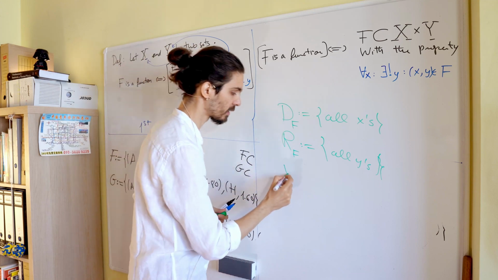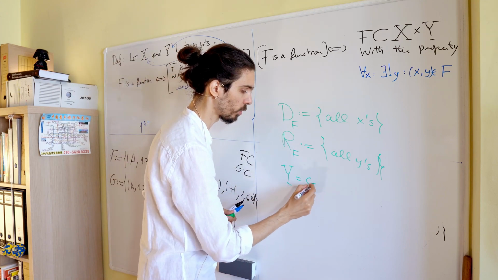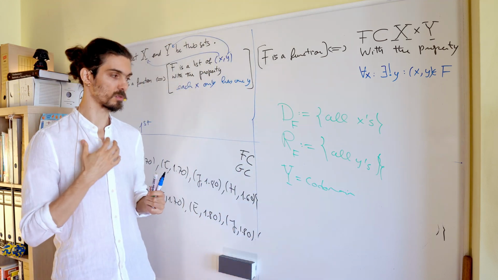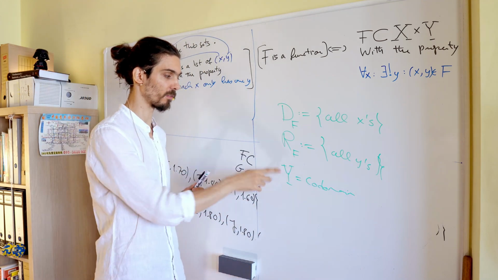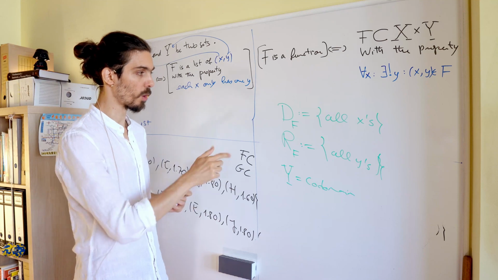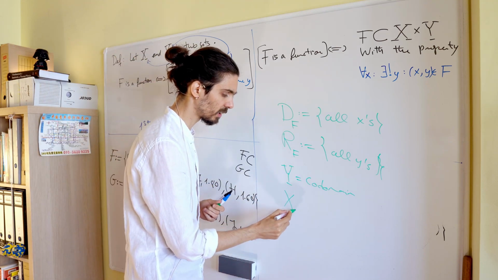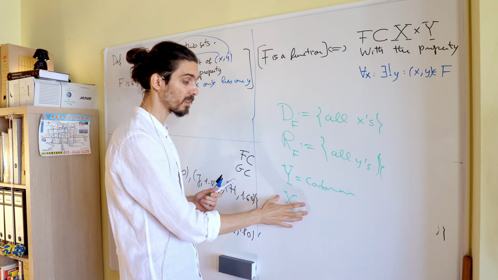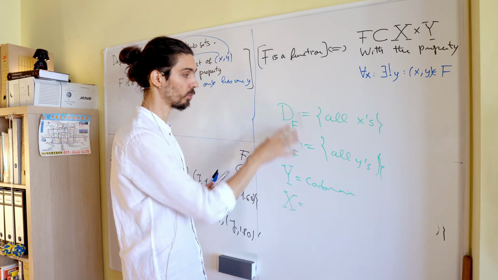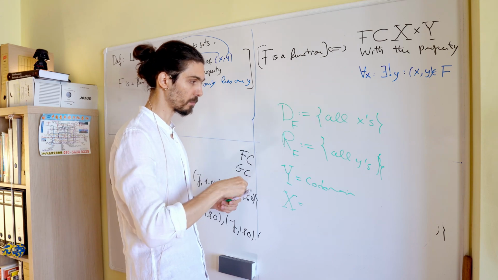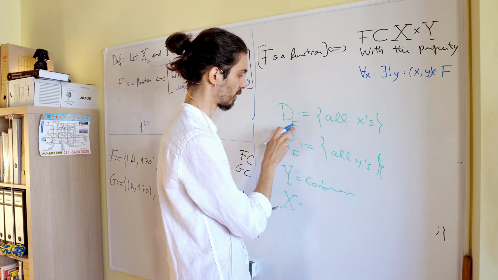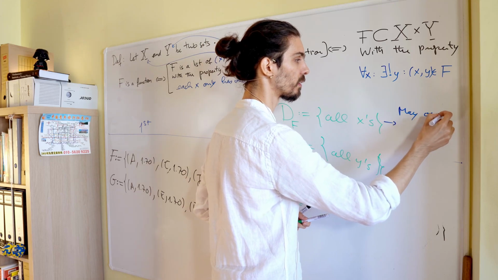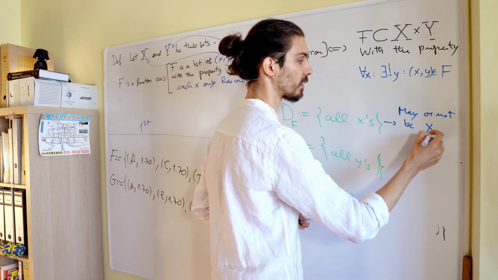What's Y? Y has a special name. Y is called the codomain. Y is usually our choice. The range depends on f, but Y is usually our choice. X usually doesn't have any particular name, but many times, as you are going to see, X will be the same as the domain. So let me write this: D sub f may or may not be X.